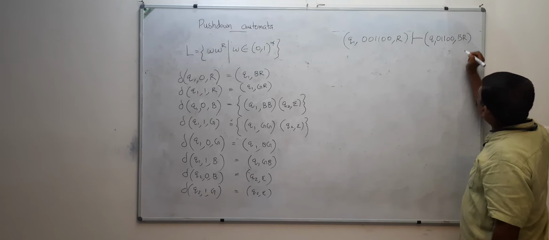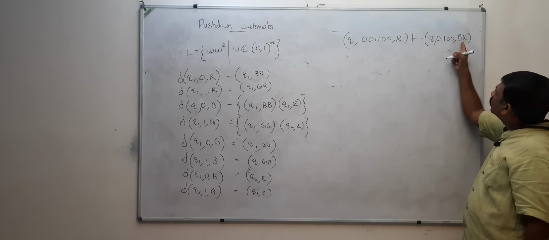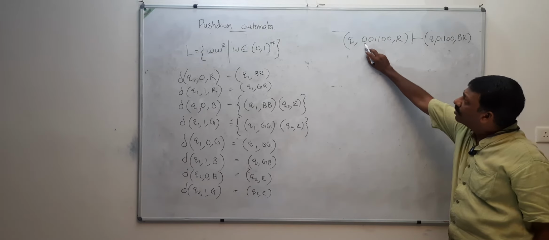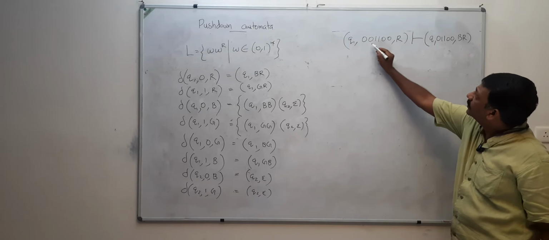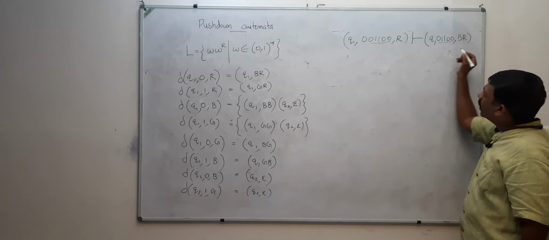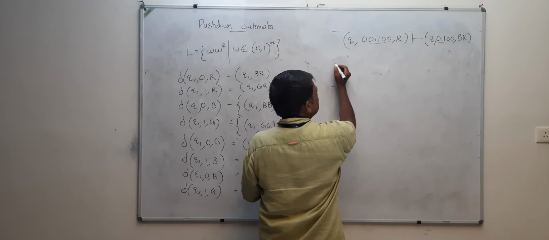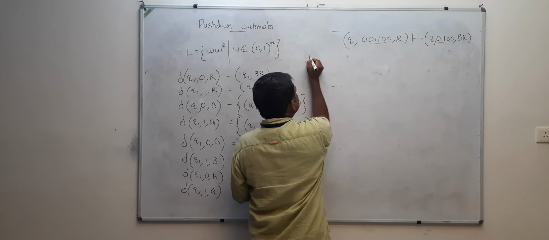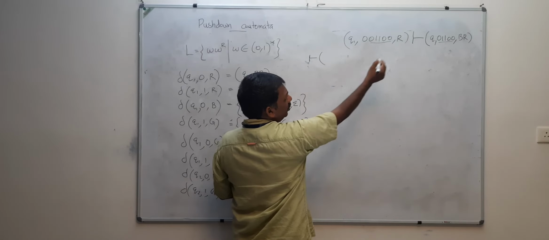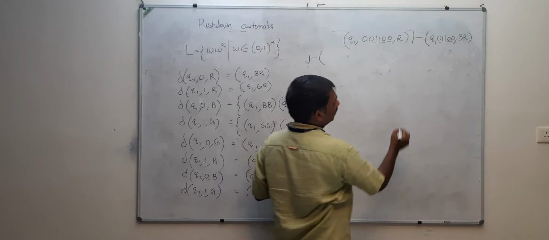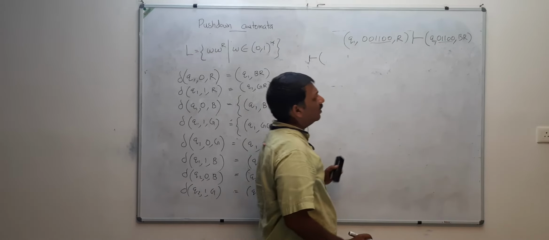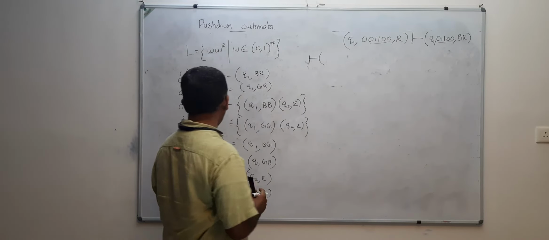That means you have pushed blue into the stack. Why? You have processed a single 0, and the rest is this one. The state is again Q1 on 0.